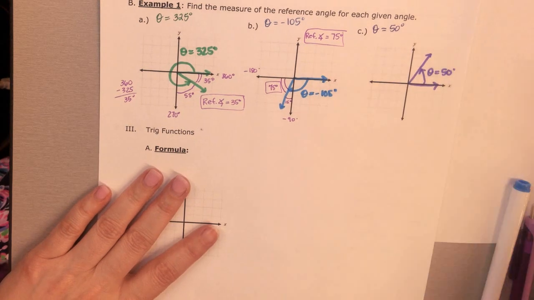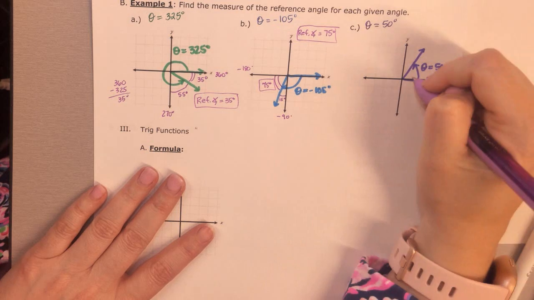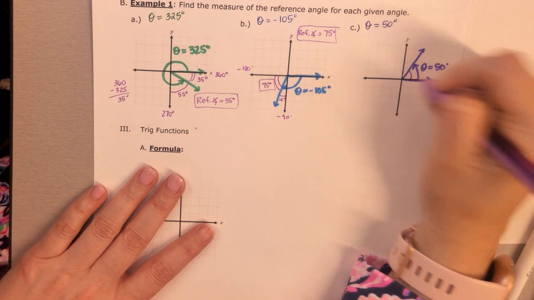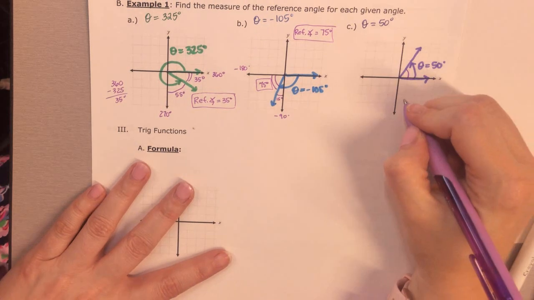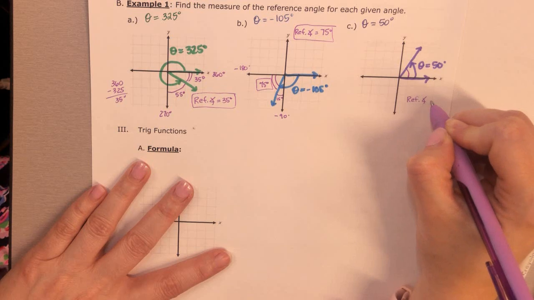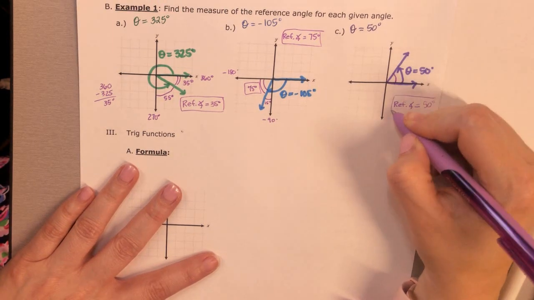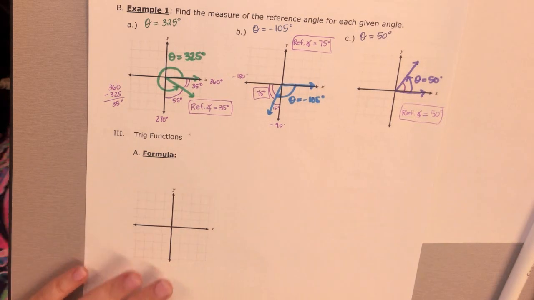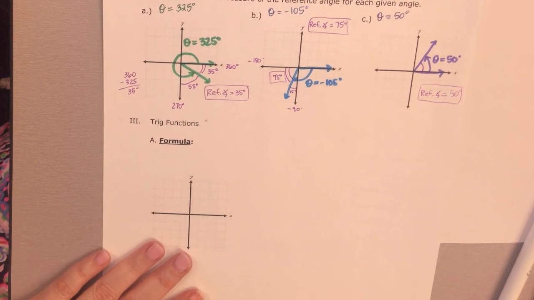Which means your reference angle is this angle. What is that angle? 50 degrees. So the first quadrant is special. In the first quadrant, the reference angle is equal to theta. That will only happen in the first quadrant, because all of those are less than 90.